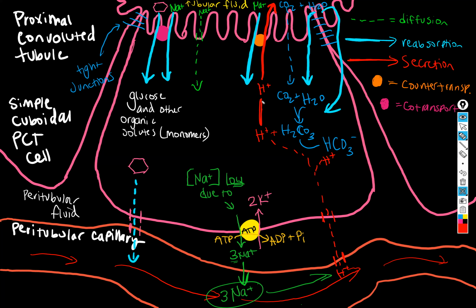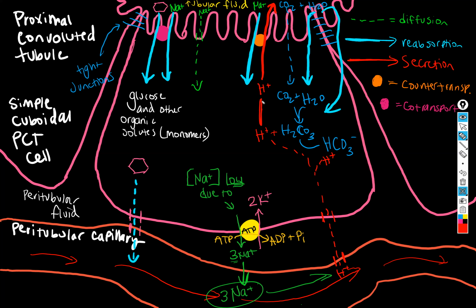And this process also occurs in the DCT, which we'll look at later. But the net result is that we effectively scrub lots of protons out of our blood via our urine, which means that the urine's pH is consistently more acidic than body fluids. And that's an additional way, and also the most powerful way that we manage our body fluid pH is by just getting rid of excess protons in our urine.